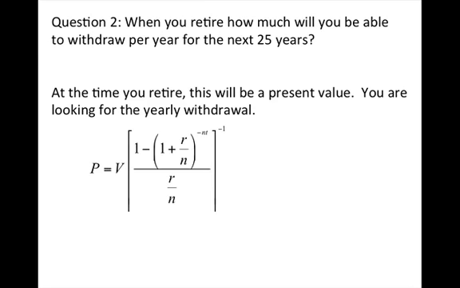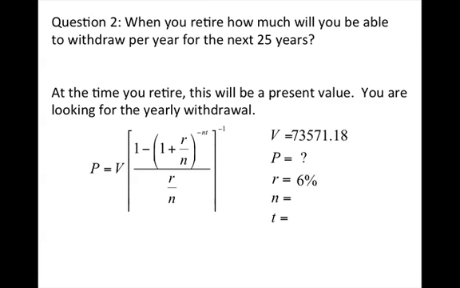So this time I'm starting with the P equals V formula. The 73,000, when I'm retiring, the time changes, so that becomes the amount that I have right now at retirement age. And I'm looking for the withdrawal amounts. So the V was the 73,571.18. The P is the amount that I'm looking for. We're going to assume the interest rate does not change.